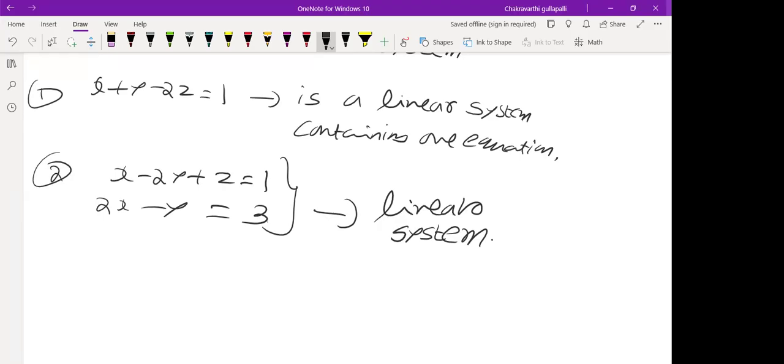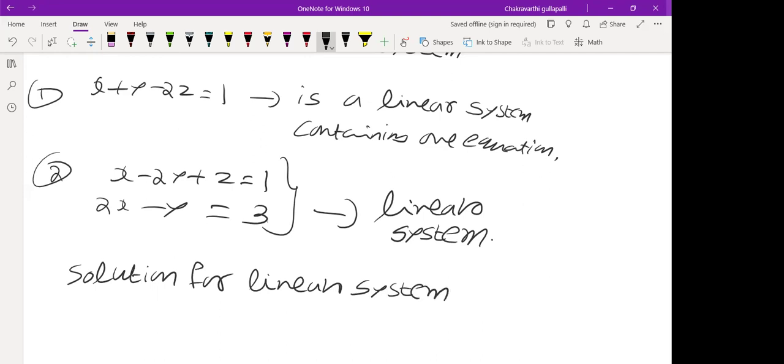Next question comes: what is the solution for the linear equation? What is meant by solution for a linear system? So a linear system will contain variables and constants. Here the variables are x, y, z.